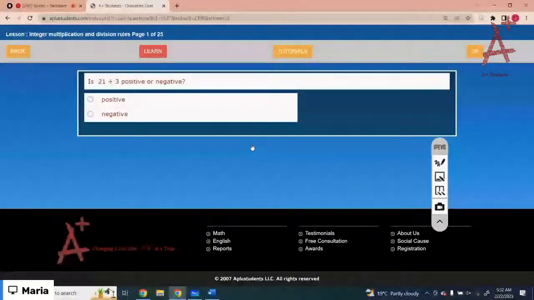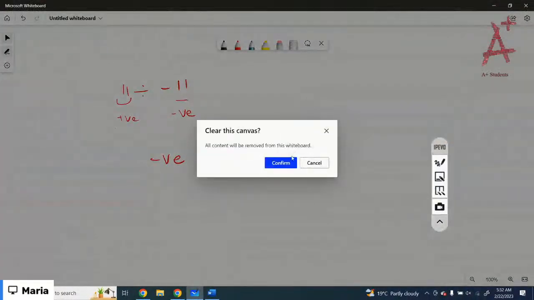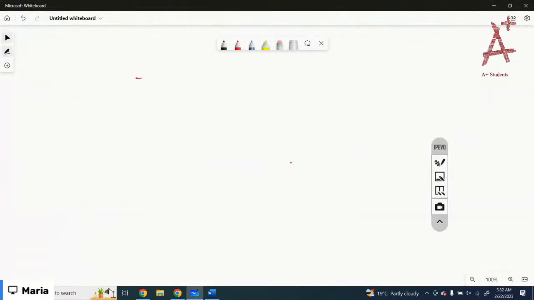Negative 21 divided by 3. One of the numbers is negative and one of them is positive. Whenever we divide numbers with different signs, the answer must be negative. If one of them is negative and one of them is positive, the answer must be negative.